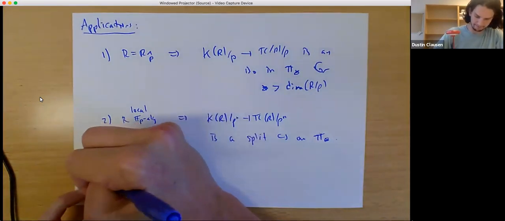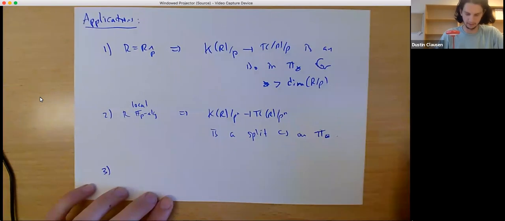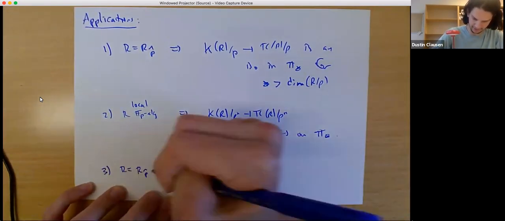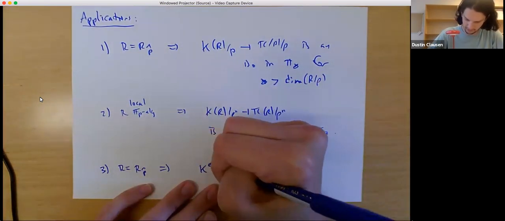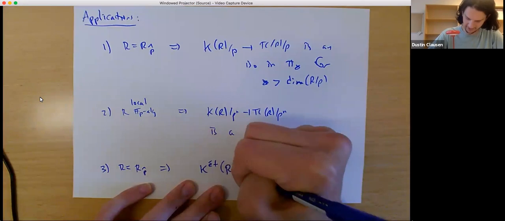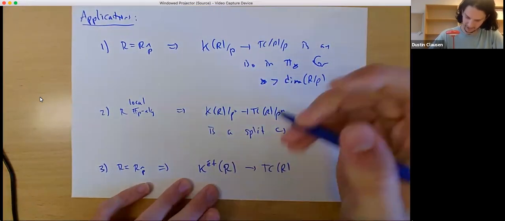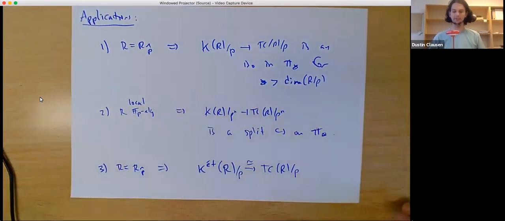Now here's, I think, the most important application. So again, I'll say if R is a P-complete ring, then you can take the étale K-theory of R, and that will always map to the TC of R. And the claim is this is precisely an isomorphism.